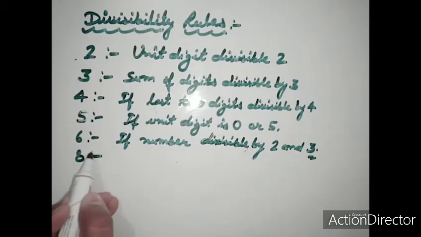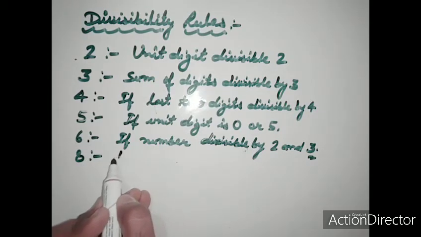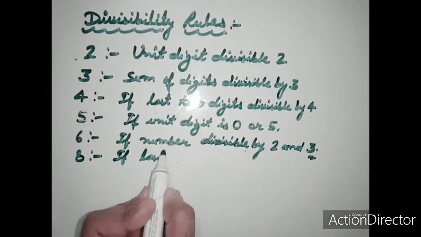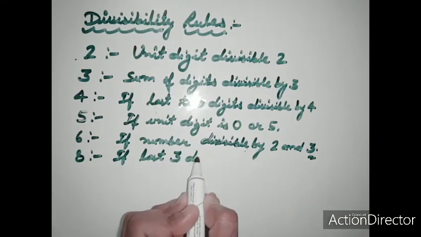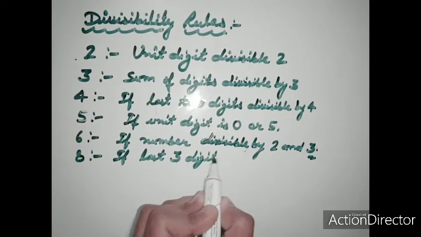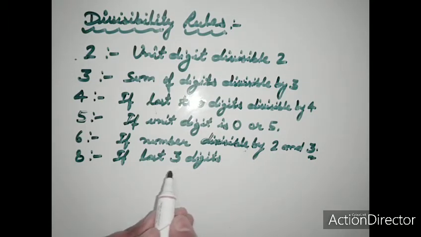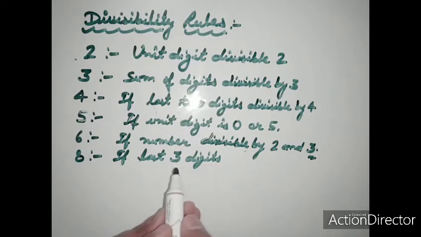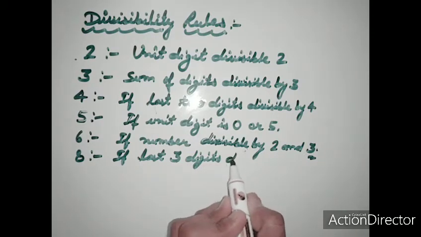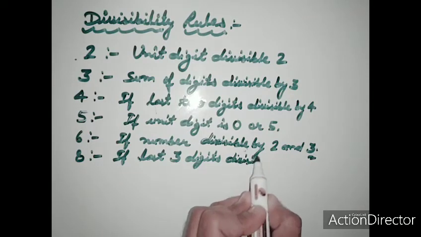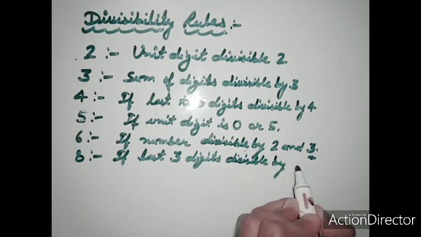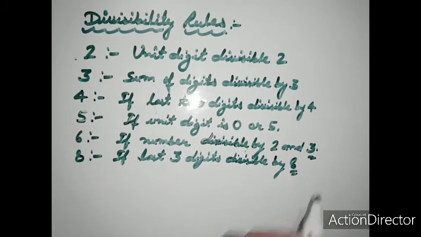Now divisibility rule of 8. If the last 3 digits, meaning the digits in the ones place, tens place and hundreds place, form a number that is divisible by 8, then we say that the whole number is divisible by 8.